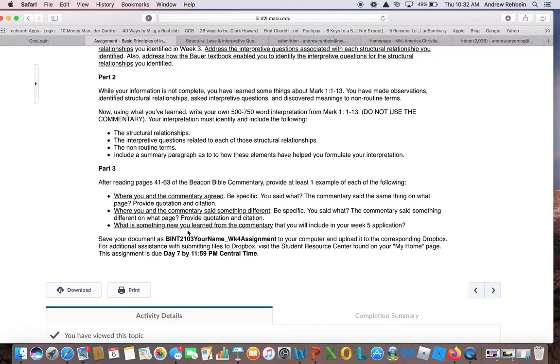And what's something new that you learned from the commentary that you hadn't gleaned so far from your own inductive work? And so then you fulfill part 3 by writing those elements in a paragraph format. You can write those in basically 3 paragraphs, and you'll fulfill that part of the assignment.